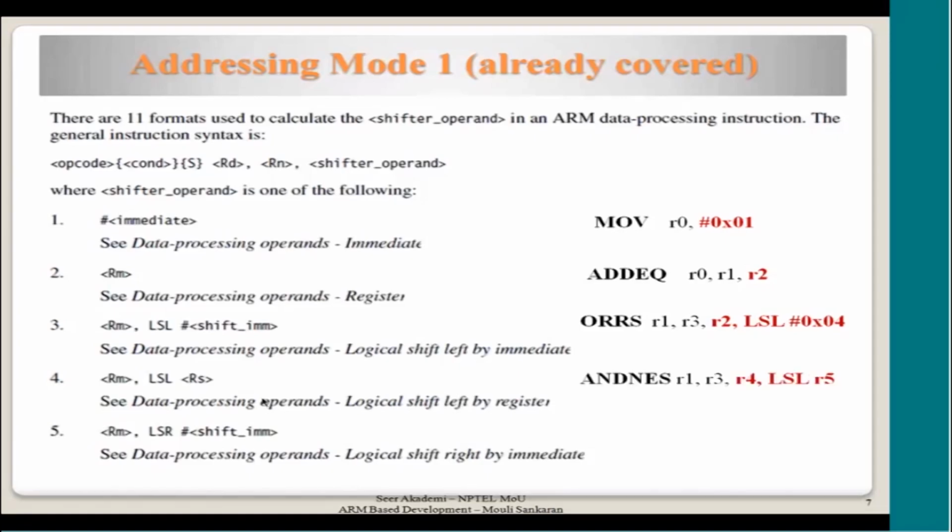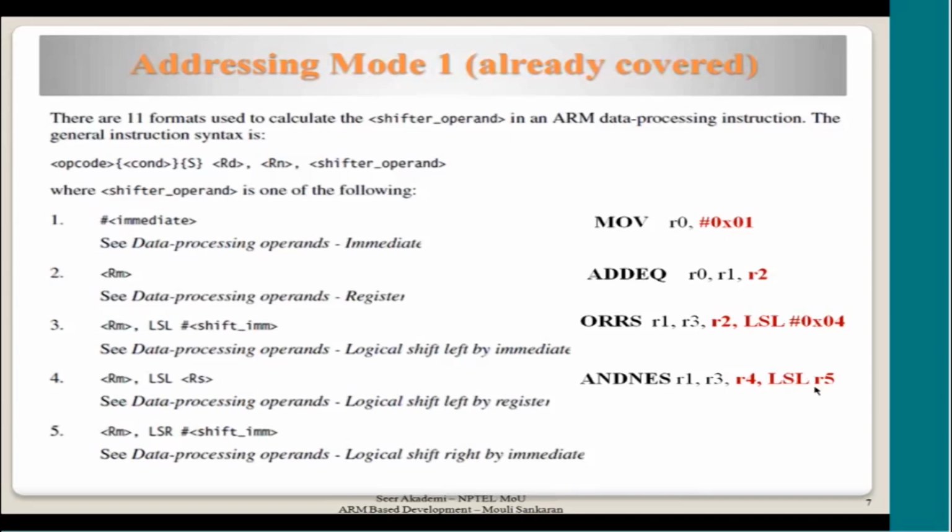Now another type. If you saw here, the shift operation was done based on the 5-bit constant which was given along with the instruction. Now there is a possibility, using this instruction, we can always get the lower 8 bits of the register R5 as the number of bits to be shifted.